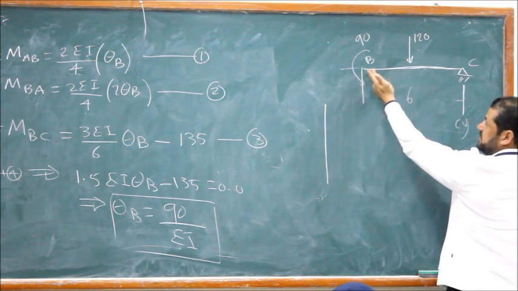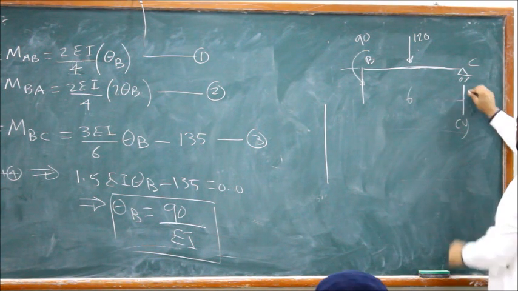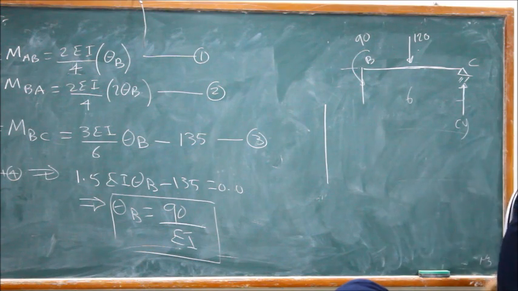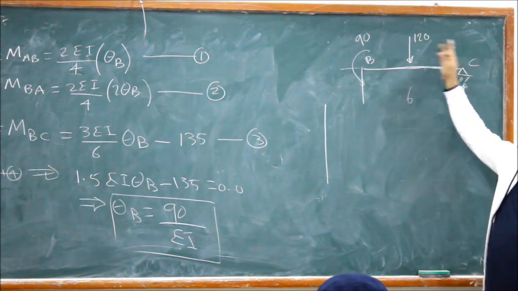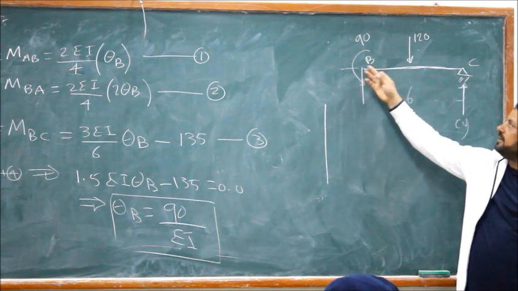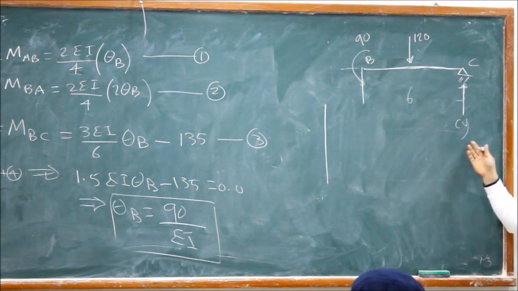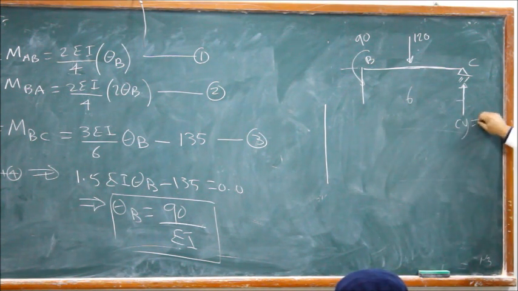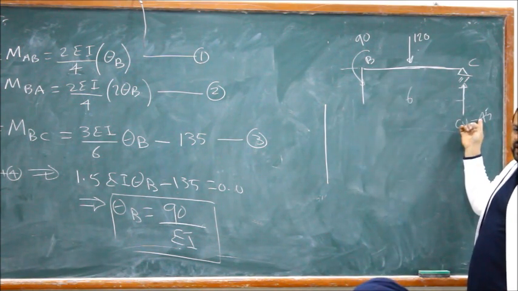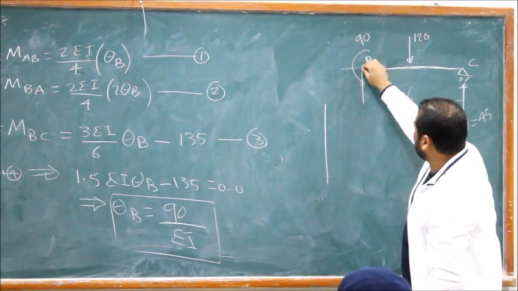So 120 times 3 minus 90 divided by 6 gives you this. How much? 60. It will be 120 times 3 minus 45, divided by 6. 45 up. If this is 45, this is 120 minus 45, 75.